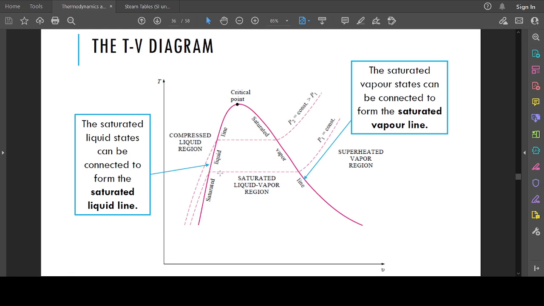In between this curve is where the saturated liquid-vapor region exists, and there is not much difference between the saturated liquid and vapor there. Tracing out the original boiling curve with respect to constant pressures, we can see how water, from here as compressed liquid, boils at this point, and saturated vapor evaporates completely as superheated vapor at this point.